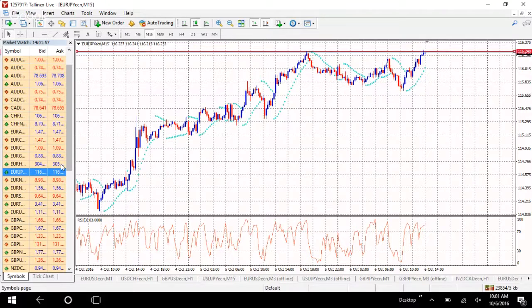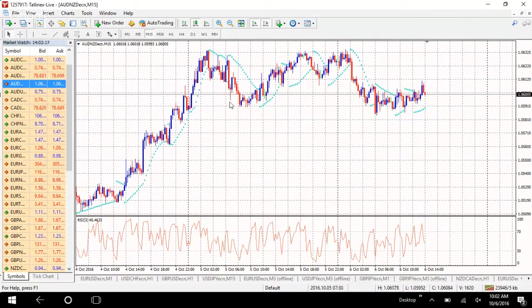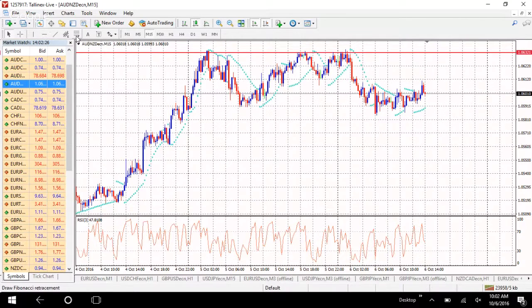Where is AUD NZD? All right, so I'm gonna pay attention to Euro JPY. If I see it's gonna come down, then we enter a sell for that. Grab about 50 pips maybe. All right, AUD NZD. Hmm.